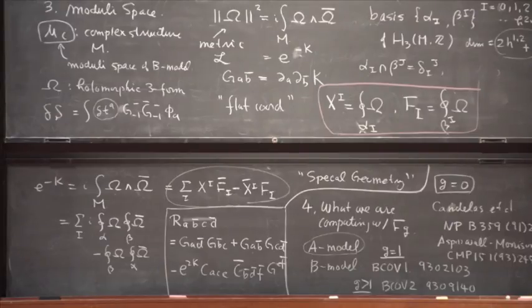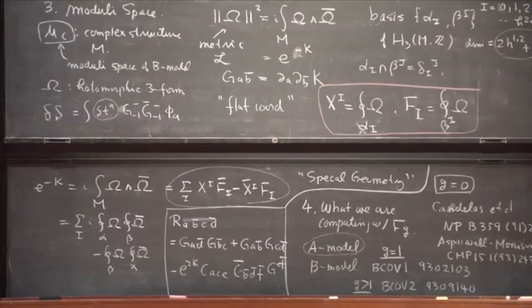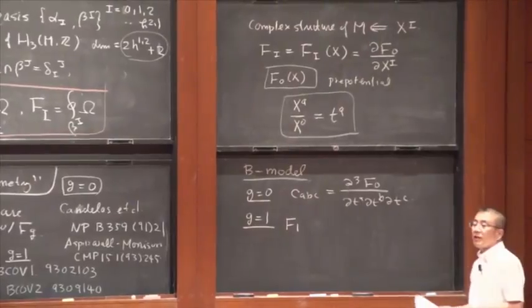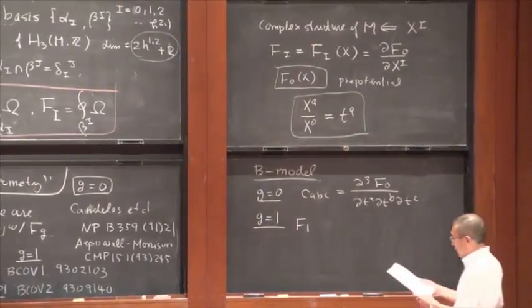Genus 1 case, so this is what we derived in the BCOV1 paper. The genus 1 partition function is not quite an integral in the target space because there is a subtle breaking of BRST invariance that I will tell you later.